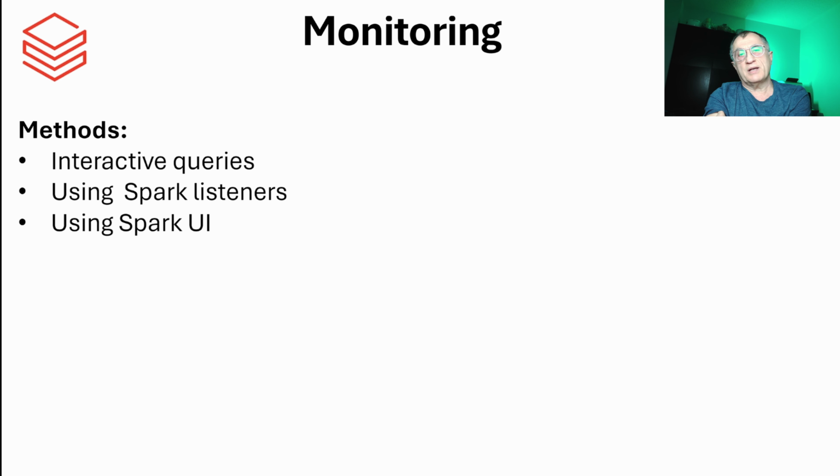A more advanced method is to use Spark listeners. Using Spark listeners, you can build a centralized dashboard to monitor all of your streams. Finally, you can use the built-in Spark UI to monitor your streaming progress.